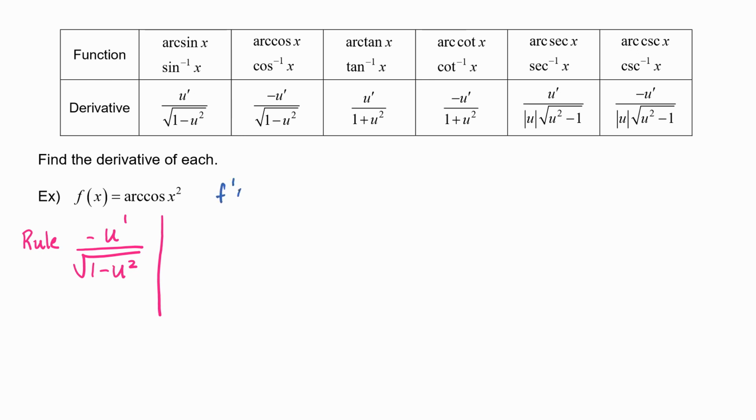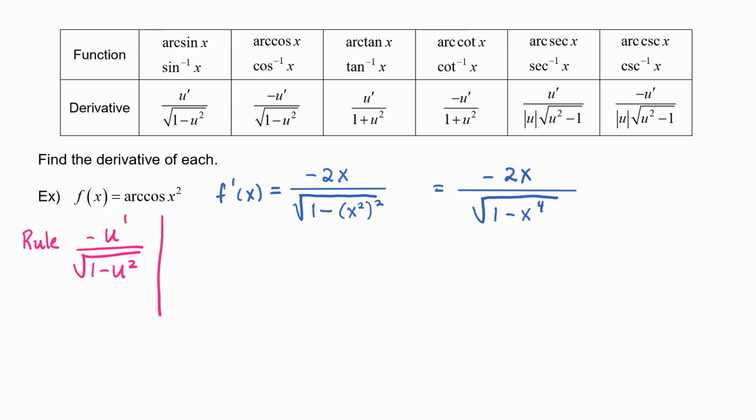So then f prime of x is going to equal negative u prime, so that would be negative 2x over the square root of 1 minus u squared. And remember, u is x squared, so we have to take x squared and square it. So this is equal to negative 2x over the square root of 1 minus x to the 4th.